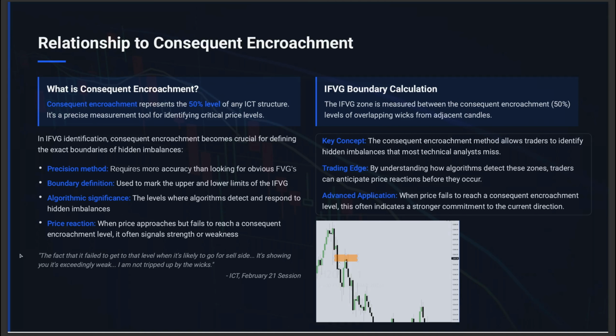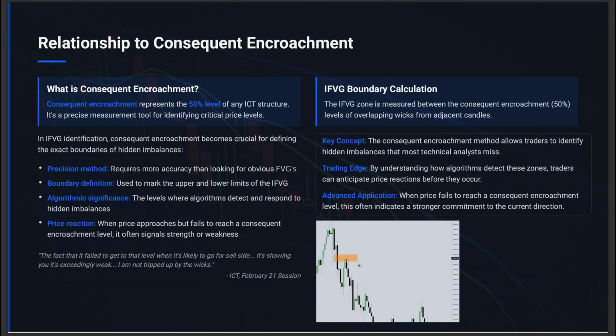This is a quote from the video, and from that video I also have the image here. So ICT is saying the fact that it failed to get to that level when it's likely to go for sell side, it's showing you it's exceedingly weak. I am not tripped up by the wicks.